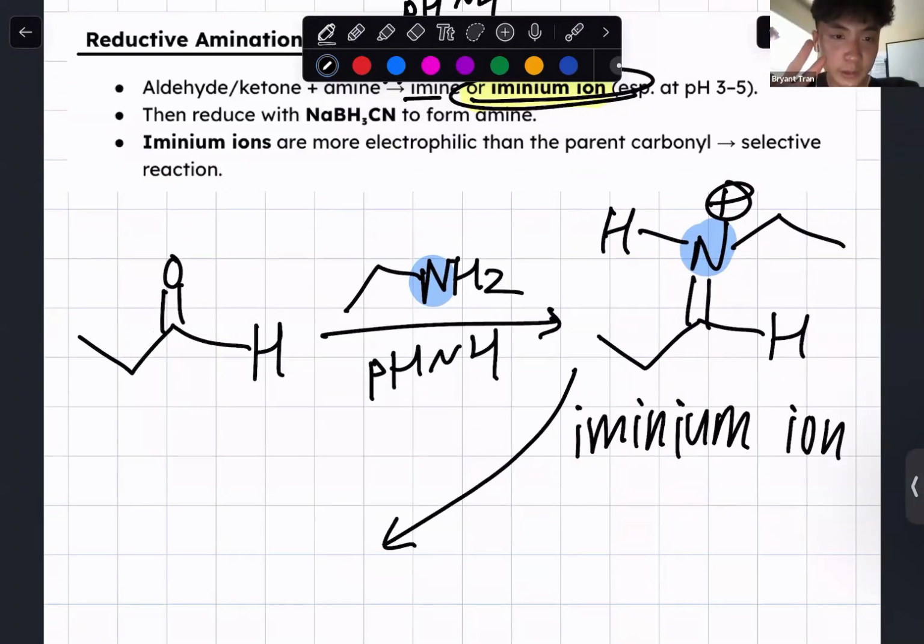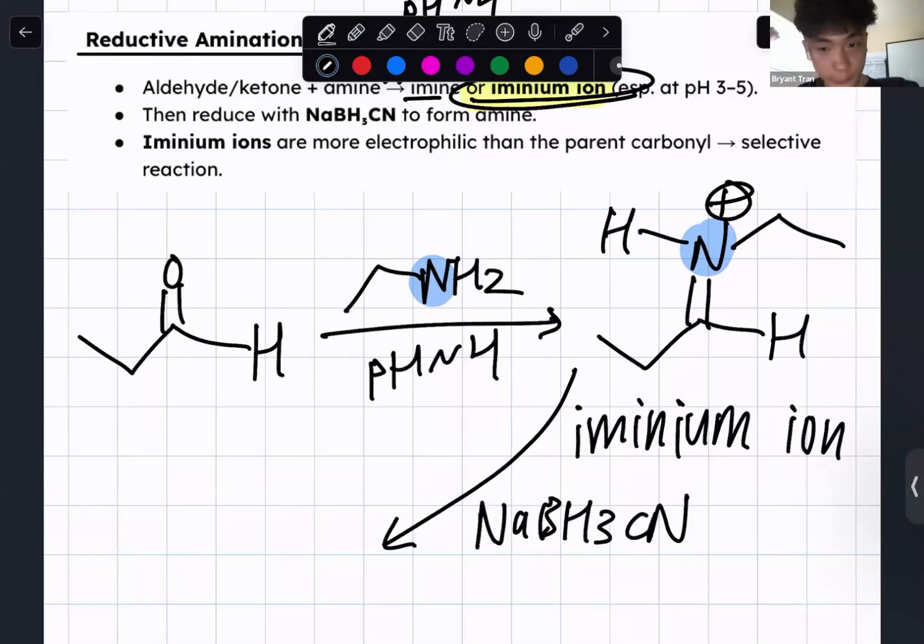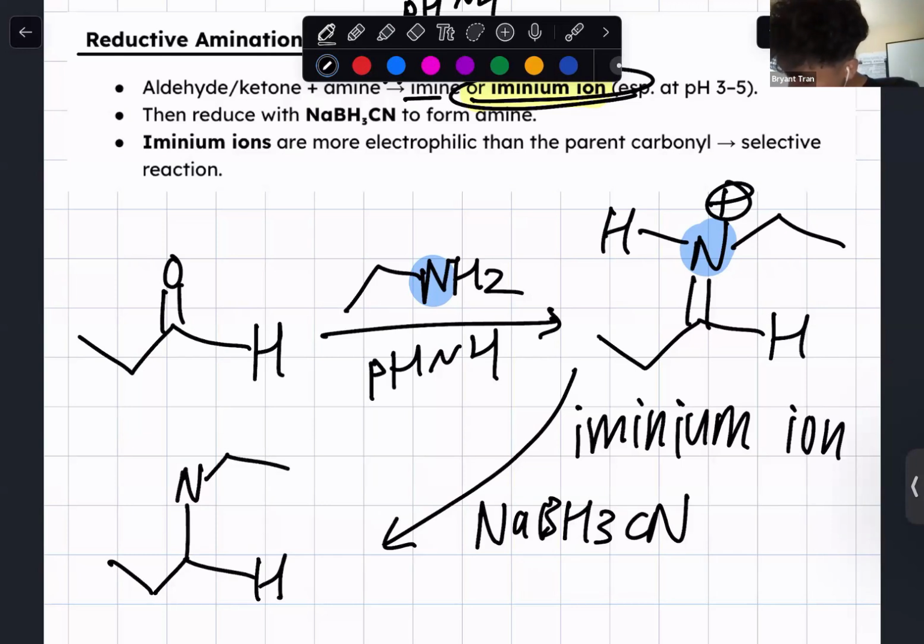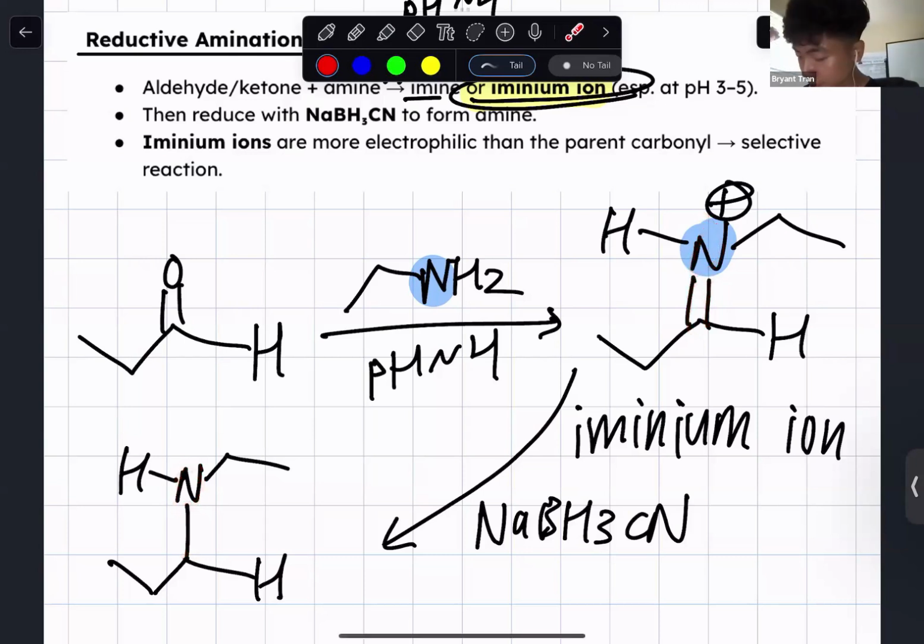this is the second step of reductive amination. We use the reducing agent NaBH3CN, which is a reducing agent that would reduce the iminium ion into the amine, right? It's basically converting the carbon double bond nitrogen into a carbon single bond nitrogen, and it makes the nitrogen neutral, like that.